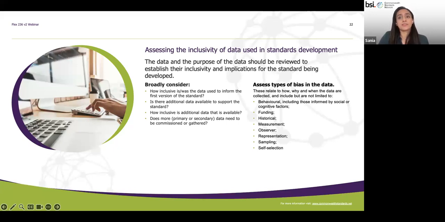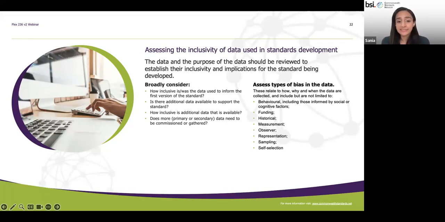Okay, so the data and the purpose of that data should be reviewed to understand how it is being incorporated into the standards development process. Some broad overarching questions that you want to ask yourself are, if the data is already incorporated into the standard, what sort of data was used for the initial standard?